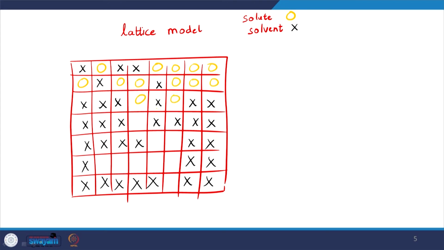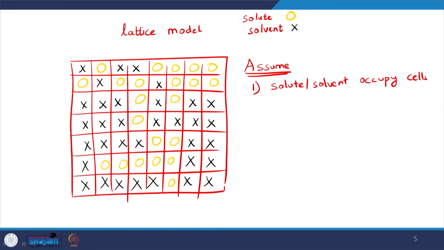You can already see some of the assumptions that we have already made while doing that in comparison to the actual system. So we already have assumed that my solute and solvent occupy cells on the lattice.